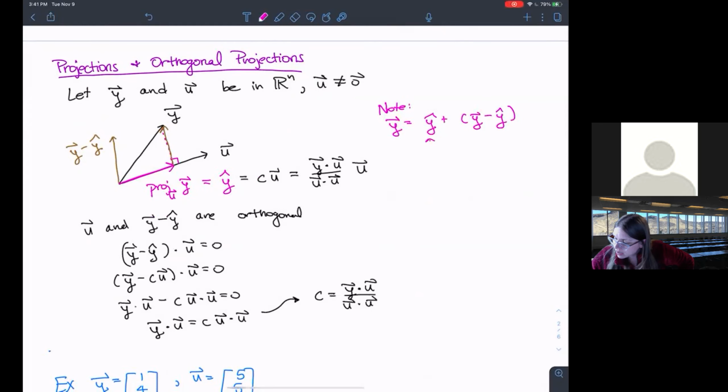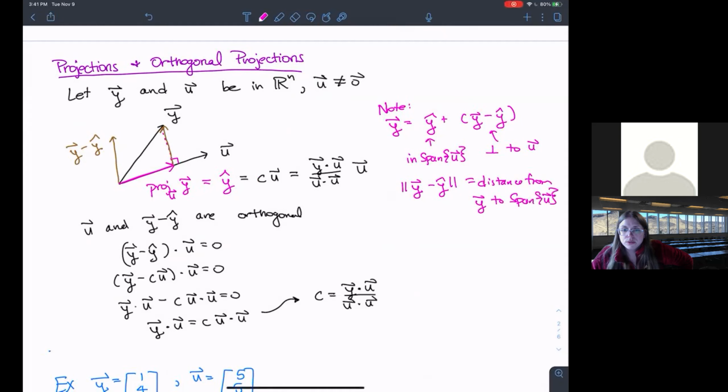So this is in the span of the vector u, and this is orthogonal to u. And we can think of the length of y minus y hat, the length of this vector here, as representing the distance from the vector y to the span of the vector u.